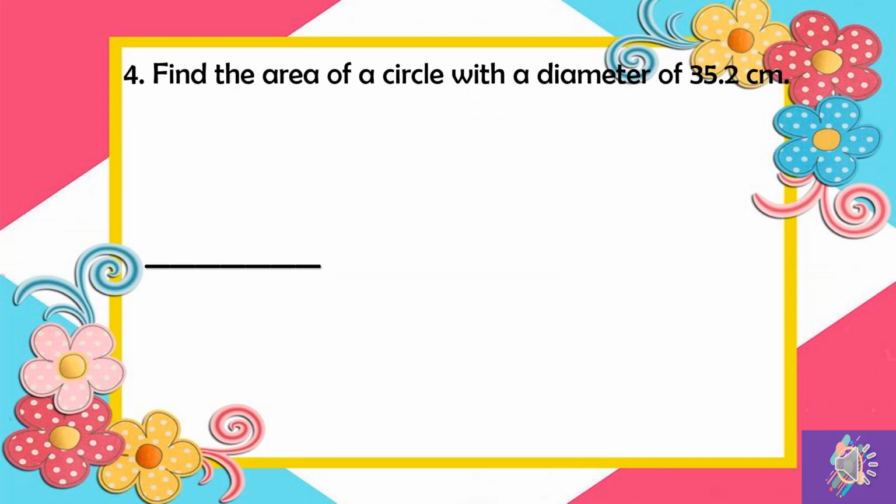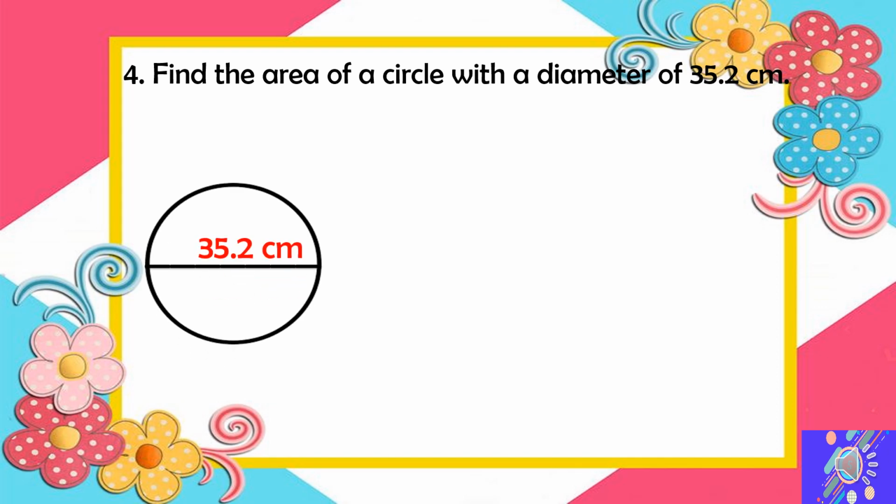Now, for number 4, find the area of a circle with a diameter of 35.2 centimeters. Okay, so this is the circle, and it has a diameter of 35.2. Let us get the radius.